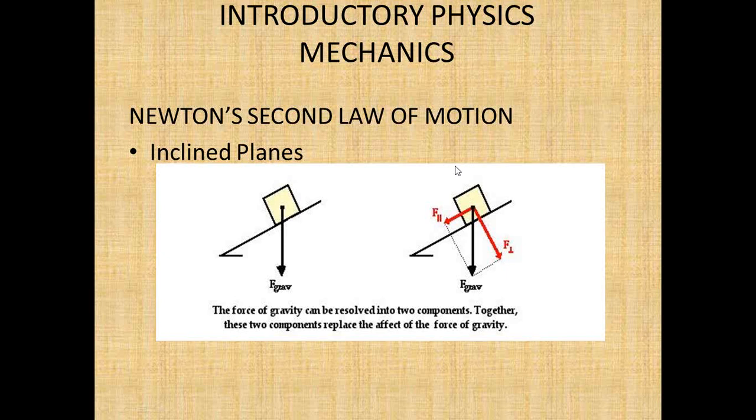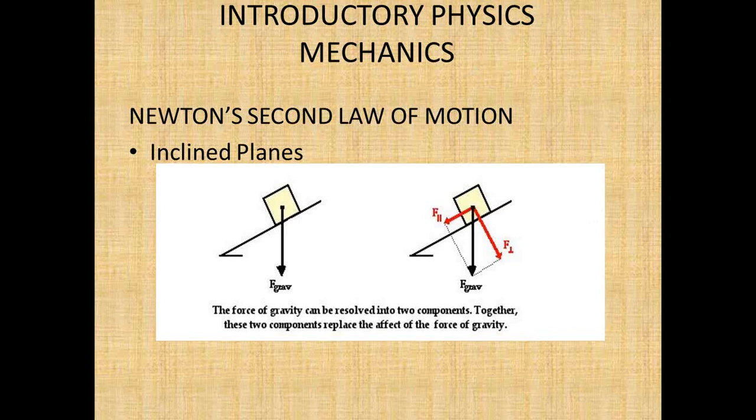And how we get those two forces is because if you look at the force due to gravity, we have an inclined surface. The force due to gravity is pulling the object downward. But when you compare the force due to gravity to this inclined surface, it's not perpendicular. The force due to gravity is not perpendicular to the incline.